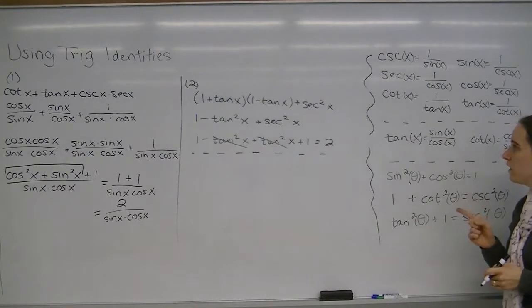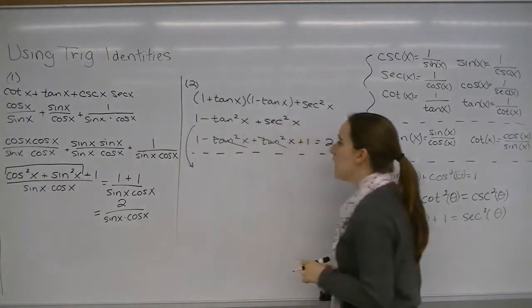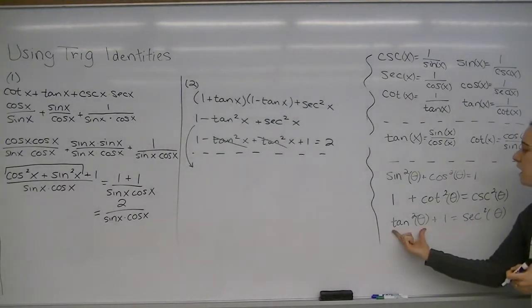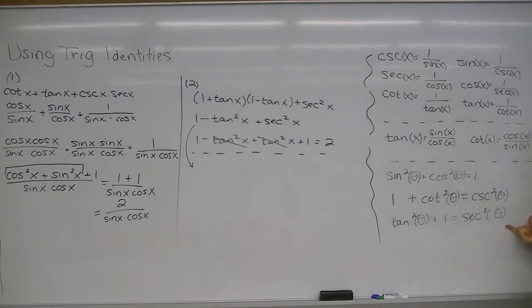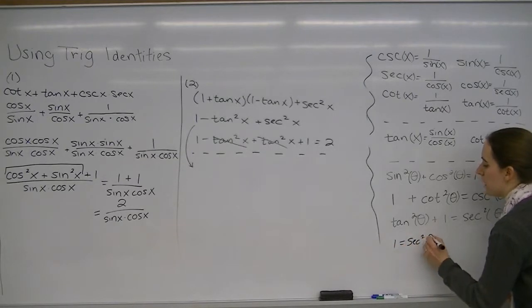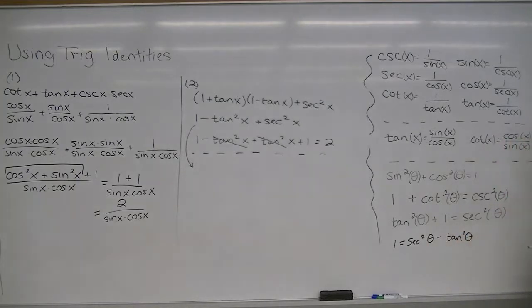Another way I could have done this, I could have come back to this step, and if I look at this equation, this identity, if I move the tangent to the other side by subtracting it from both sides, I end up with 1 equals secant squared of theta minus tangent squared of theta.